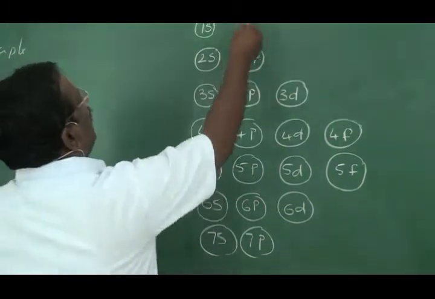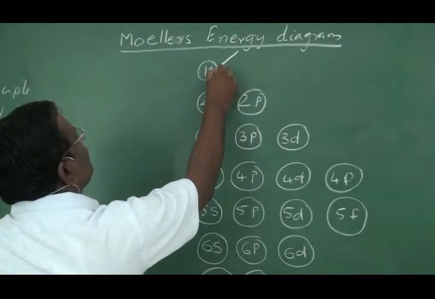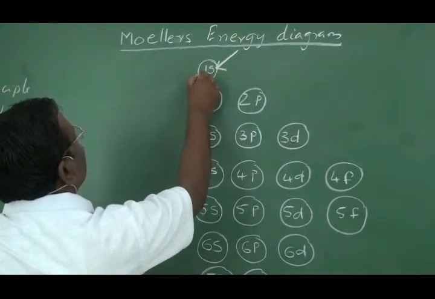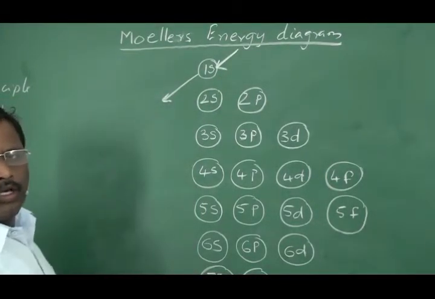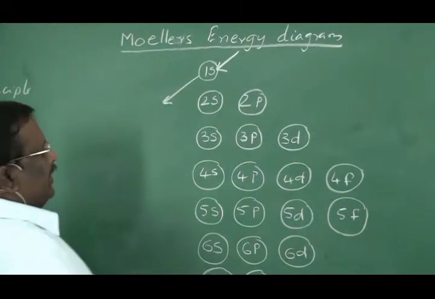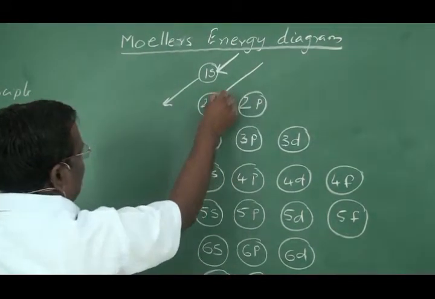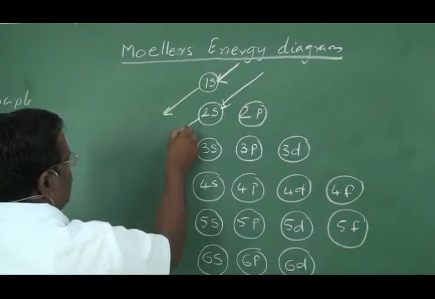Now, electrons first enter here, 1s. That is the orbital to be filled first. Next, in the second stage, electron will enter into 2s.